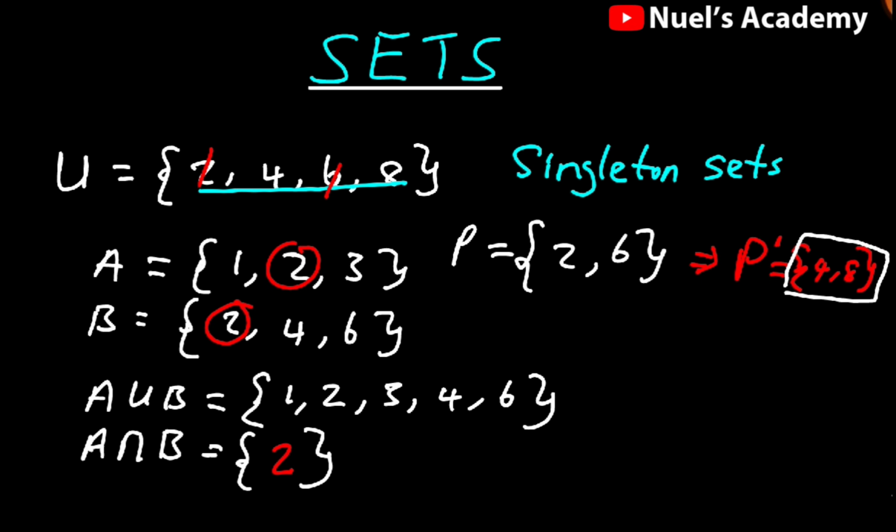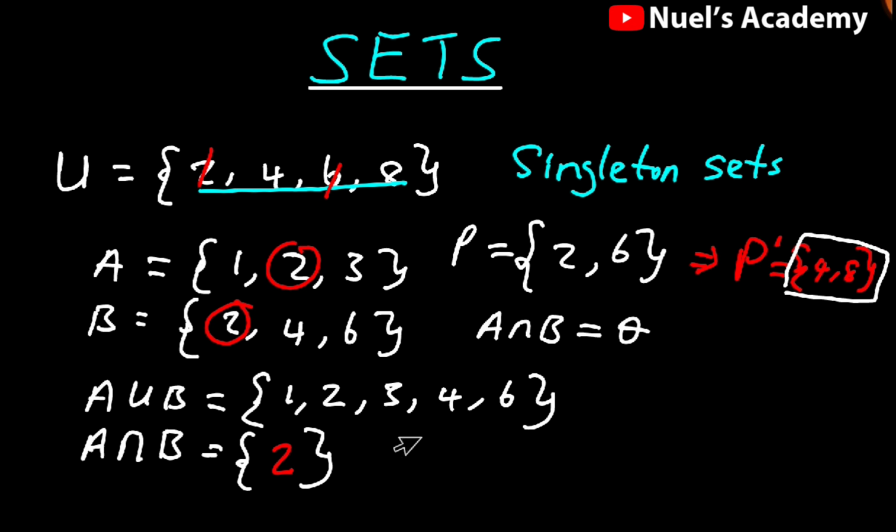Now let's discuss disjoint sets. Two sets are said to be disjoint if they don't have anything in common. That is to say, if their intersection is equal to the empty set, then the two sets are disjoint.